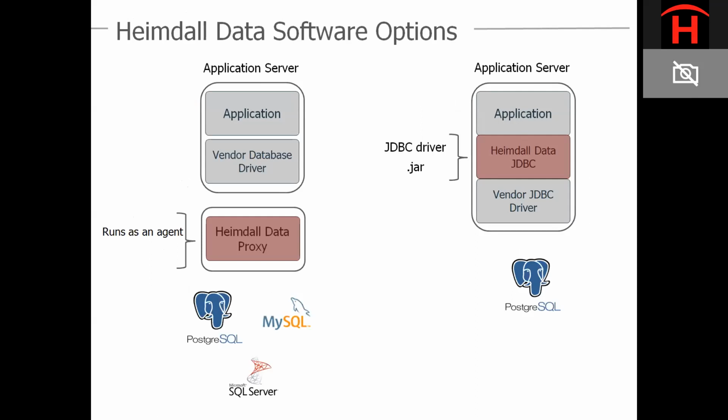The other, if you're not running a JVM, our proxy can run as a database proxy that can be on a separate proxy tier or on the application server itself. This proxy is the component that provides the advanced connection pooling and provides the data access management.